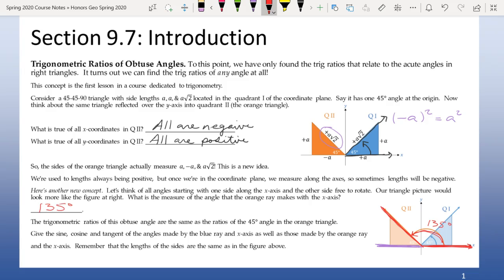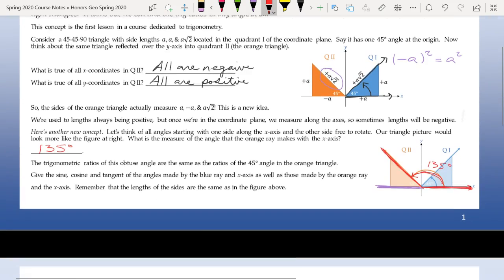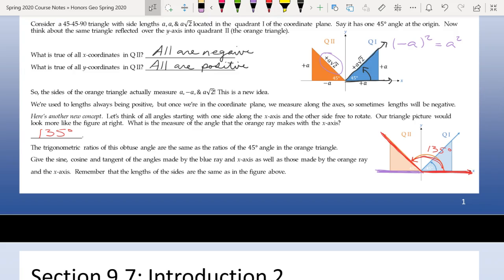But here's where things get particularly interesting, because we can talk about the trigonometry of these two angles, the small 45-degree angle and the large 135-degree angle, by referencing the side lengths of the blue and orange triangles. We know that the tangent of the small 45-degree angle is a over a, or 1.